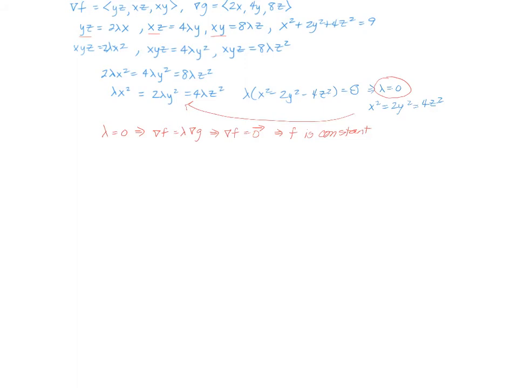However, when I look at my function, x times y times z, that's not a constant function. It's not f equal to some constant number, okay? F is not a constant function.